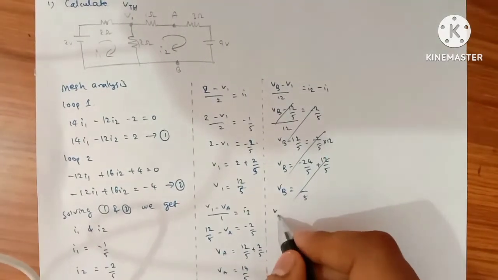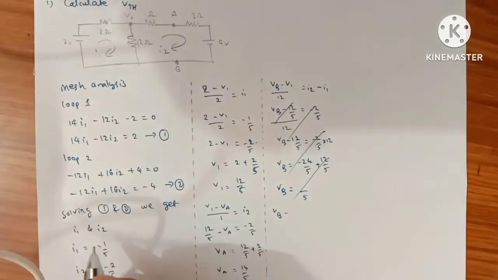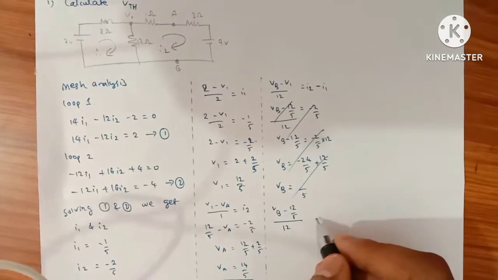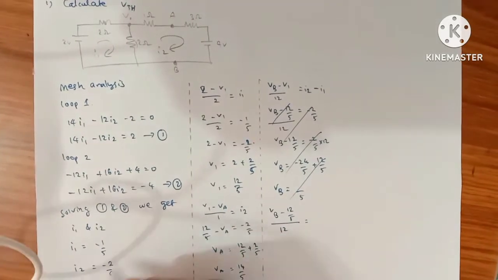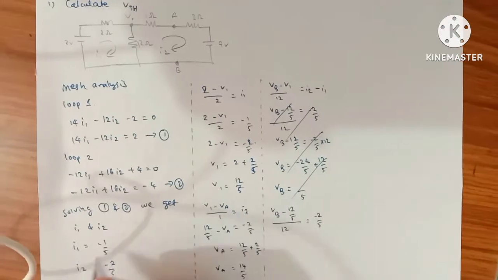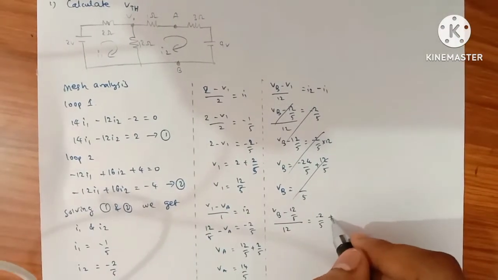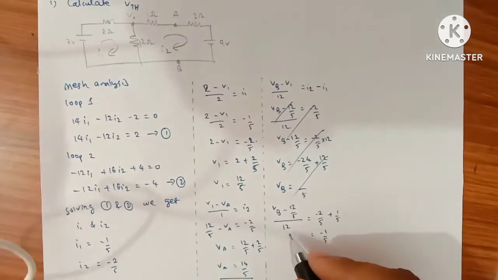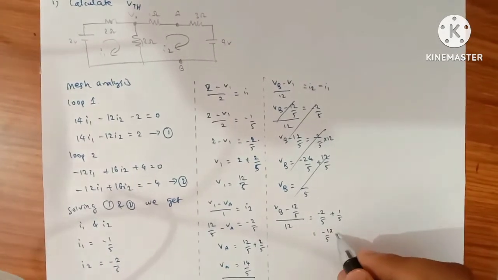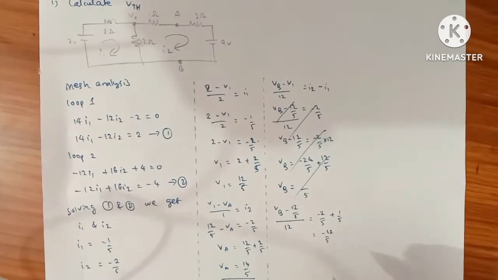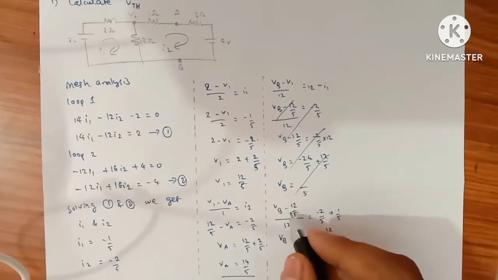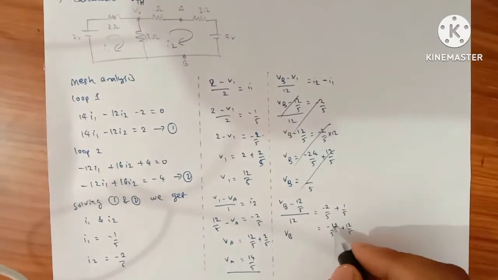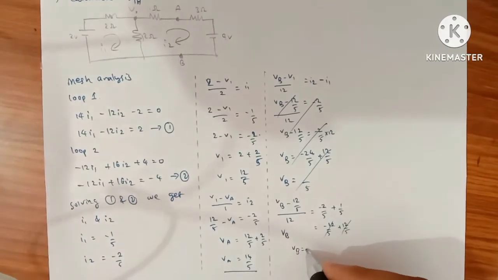VB minus V1, where V1 we got as 12 by 5, divided by 12, equals I2, minus 2 by 5, minus I1, which is plus 1 by 5. Taking 12 to this side, 12 by 5 is VB. Taking minus 12 to the other side, so positive 12 by 5. So minus and plus cancel, and VB equals 0.